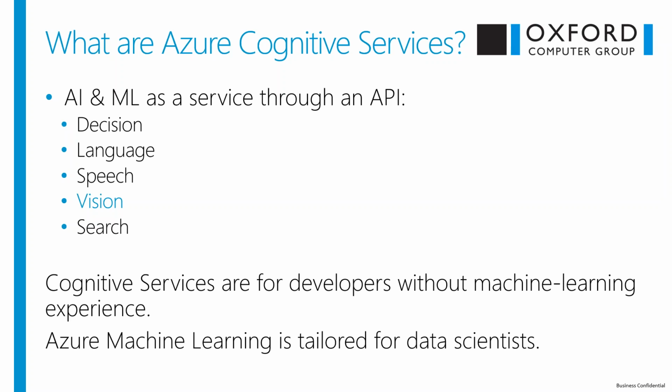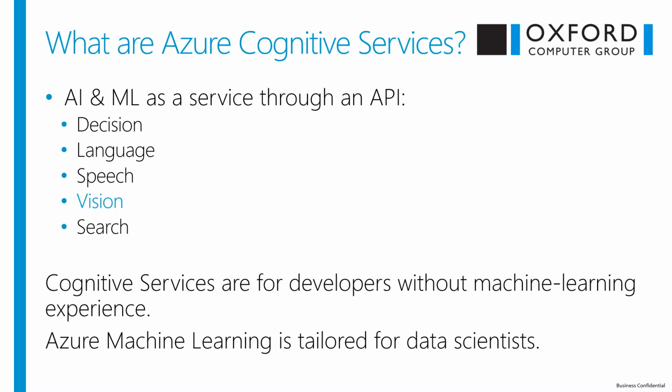Azure Cognitive Services offers machine learning and artificial intelligence through a simple API. There are 5 different service offerings that Azure Cognitive Services has, but we're only really going to be focusing on one for our solution, which is the computer vision service.